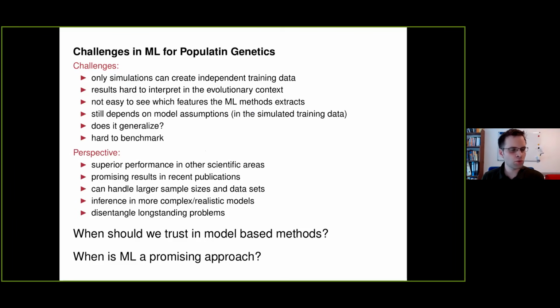So if you want to learn something about features of the human population, you would need multiple samples of human populations, and we only have one, which makes it hard to create independent training data. So that means we depend on simulated training data, which means our models will depend on the model assumptions we make in this simulated training data.